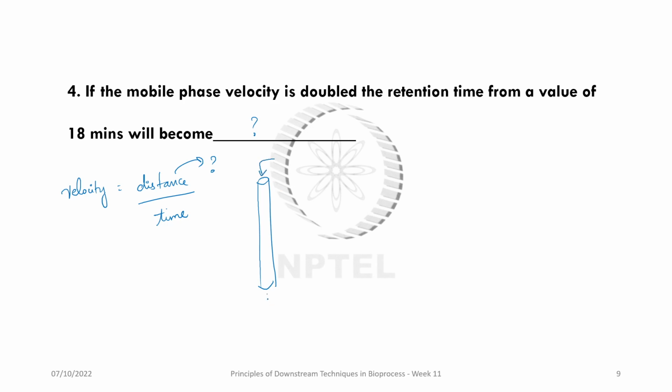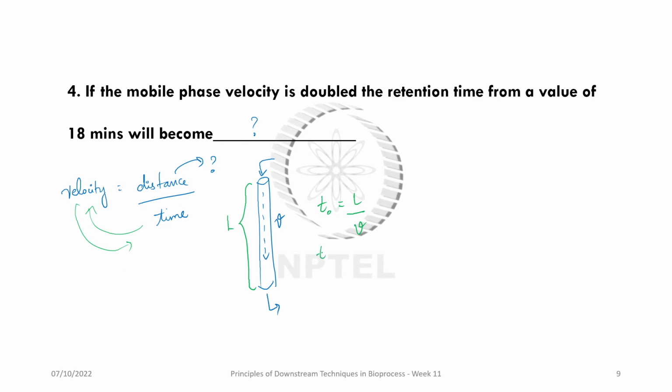The fluid is flowing at a certain velocity, and you have a length L. So retention time T naught is equal to L by V, correct? I'm just taking time there and velocity here.